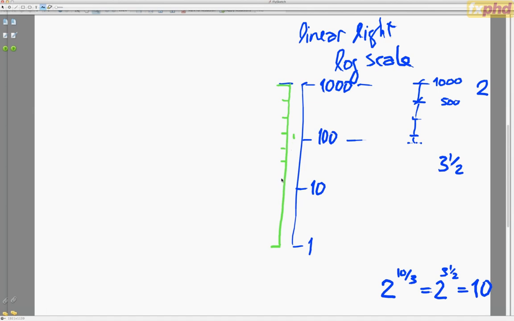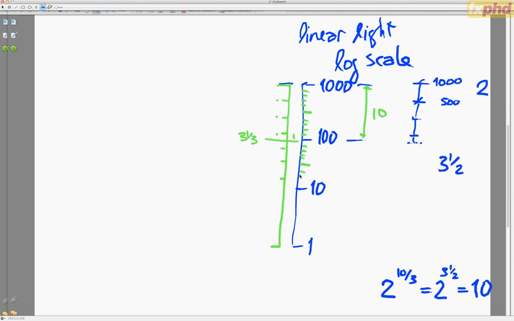So we go down 1 stop, 2 stops, 3 stops. 3 1/3 stops is 1 density unit, or 1 factor of 10. What I should really do is separate this out in steps of 10 stops per decade.